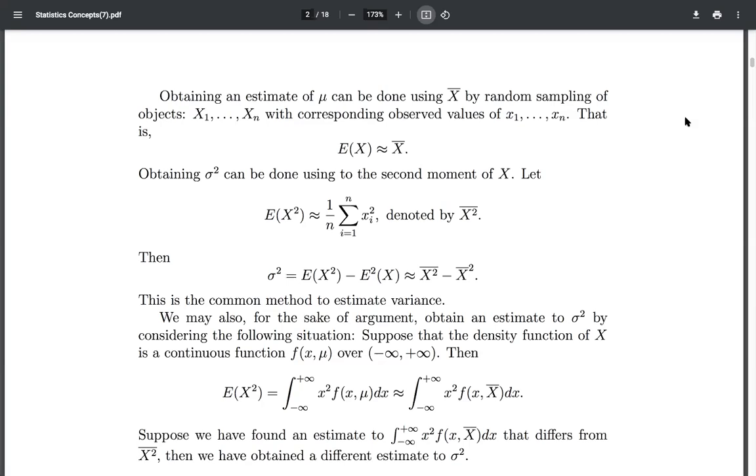So then we have this concept of random variables. So we use random variables to map objects in the population to something that we can measure. So in other words, to some numerical values that we are interested in.